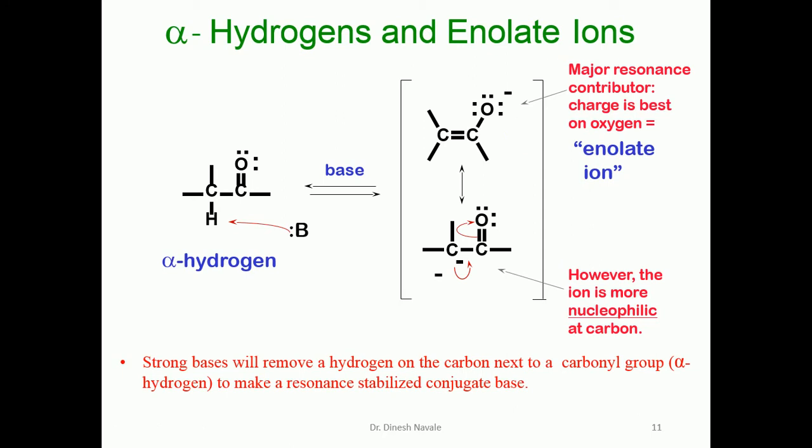A strong base can easily remove the hydrogen on the carbon next to a carbonyl group, that is the alpha hydrogen atom, making a stabilized conjugate base. Bases like NaOH, KOH, sodium methoxide, and LDA, that is lithium diisopropylamide, can be utilized for the formation of enolate ions.